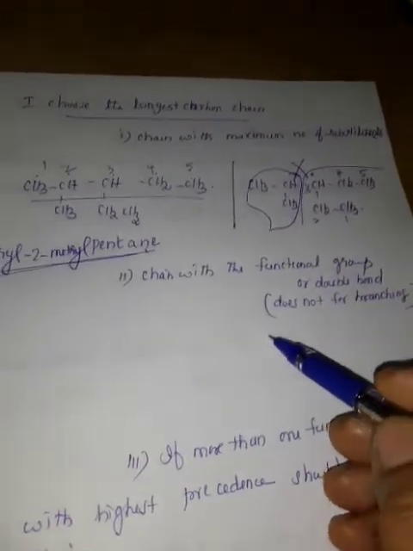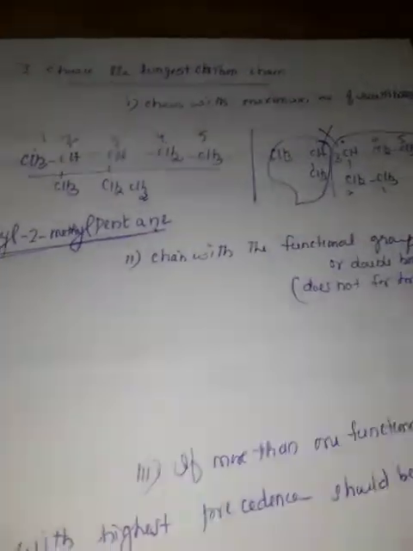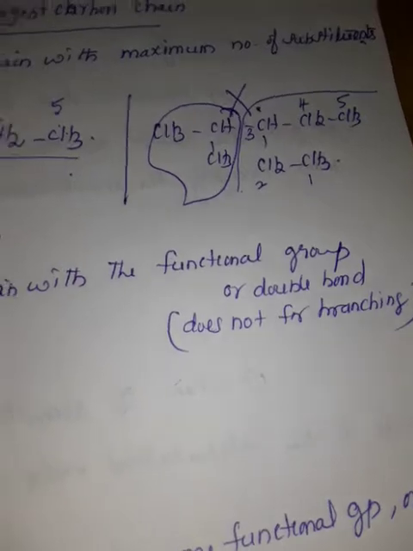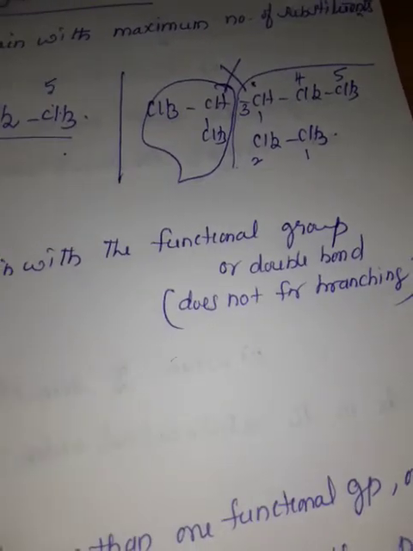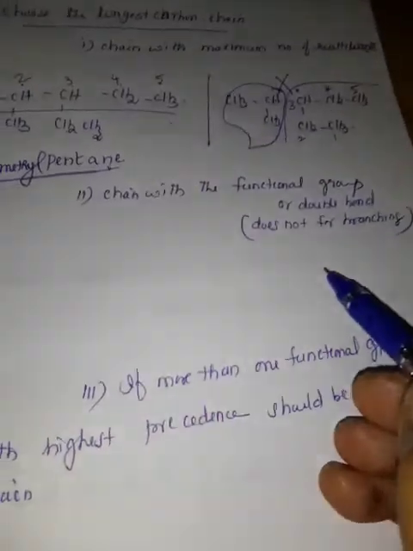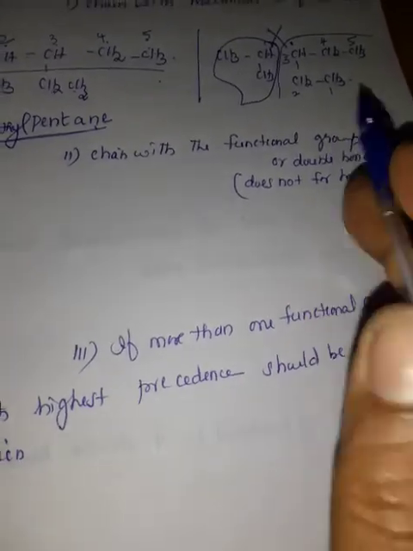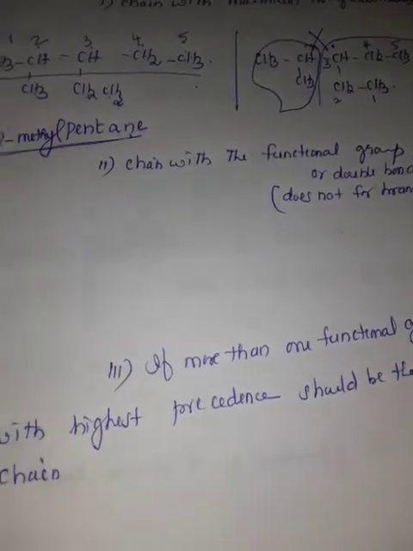Next, second rule: chain with a functional group or double bond. They should be in the same straight chain and not go into branching. It may be a functional group or a double bond. Now I am giving an example.